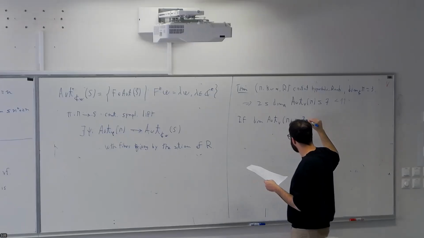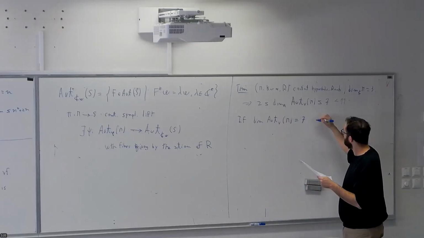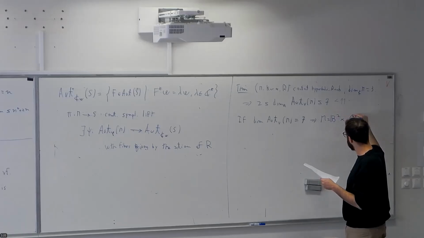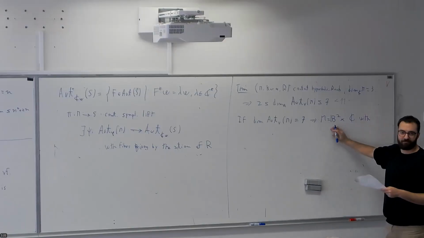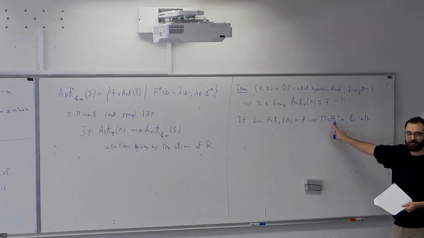And if the dimension is exactly 7, then M is the ball and C with contact structure. Because of course, this is kind of easy to say.